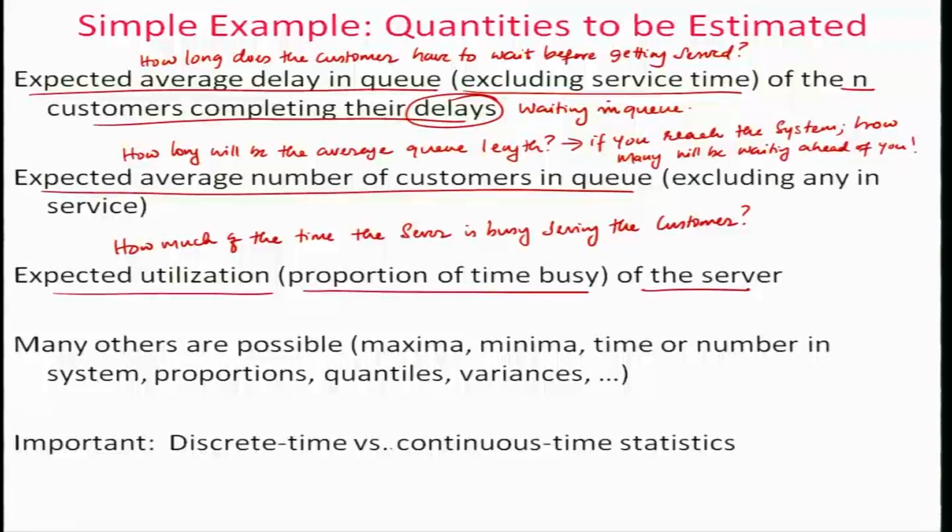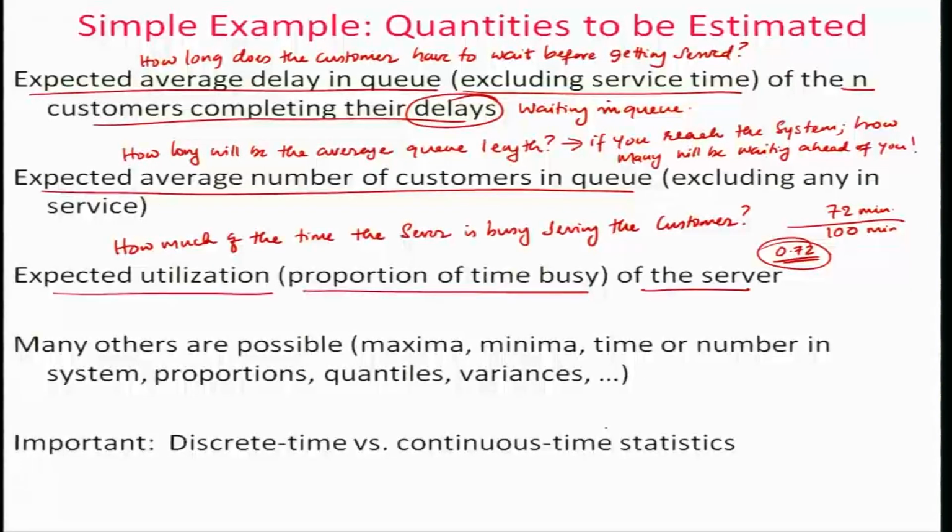So, if the simulation time is 100 minutes and the server was busy for 72 minutes, then it is 0.72, or 72% of the time the server is busy. The rest of the time the server is idle, waiting, because there is nobody there to get the service.